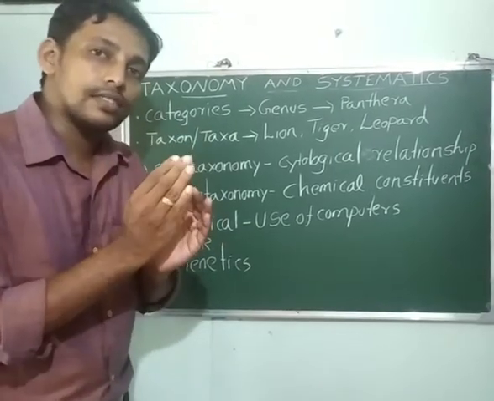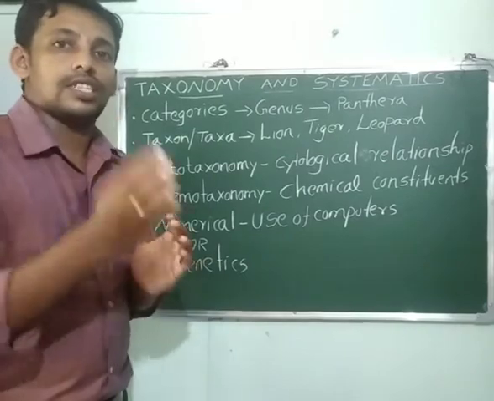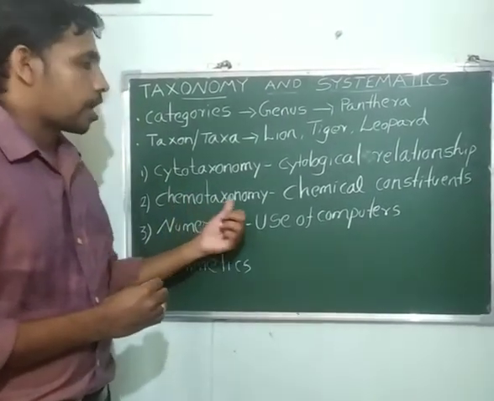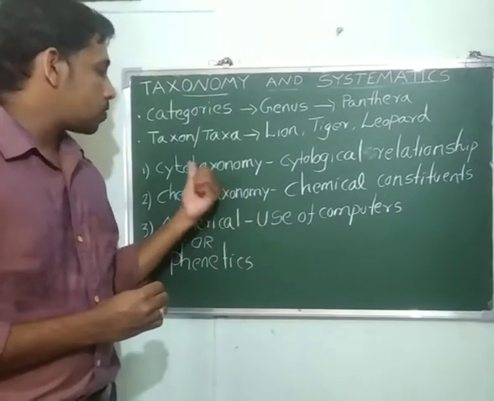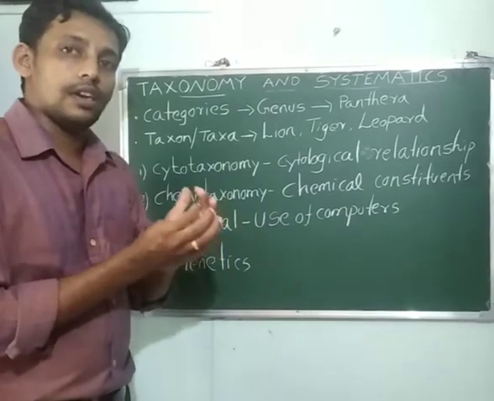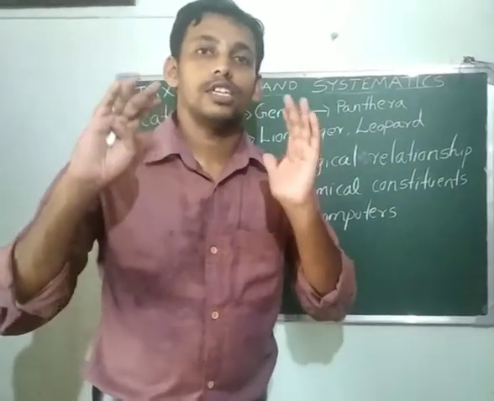The similarities in the chemical constituents of organisms are taken into consideration in chemotaxonomy. And in cytotaxonomy, the cytological relationship in the structure, number and behavior of chromosomes is taken into consideration.